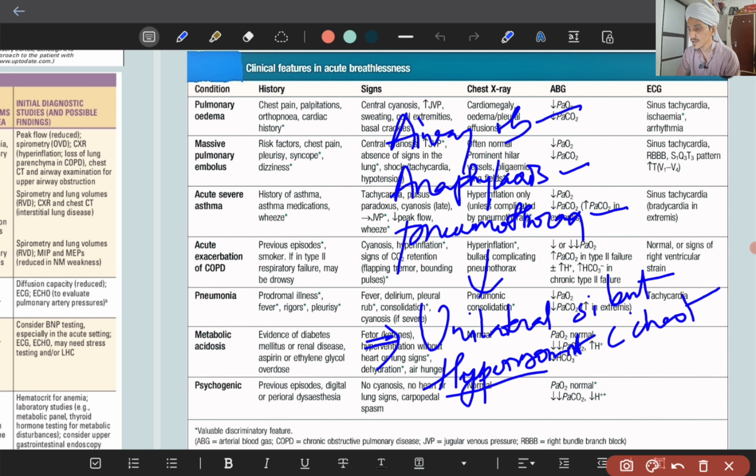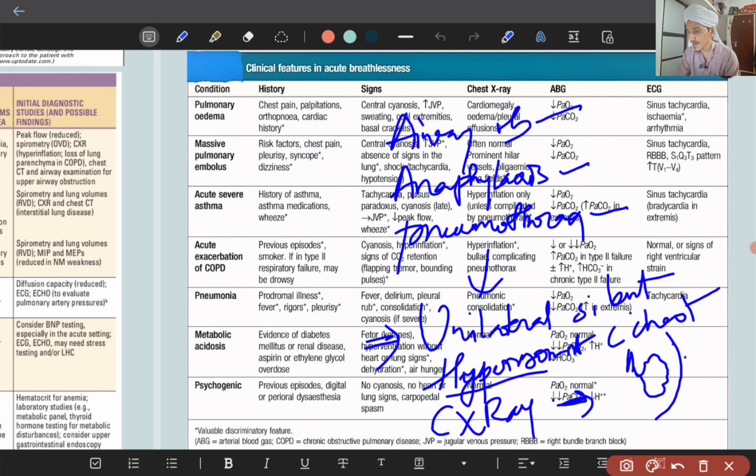If you order a chest X-ray, you can see hypertranslucency. Suppose this is the trachea and this is the lung, and the pneumothorax is at the left side, and this is the chest wall.